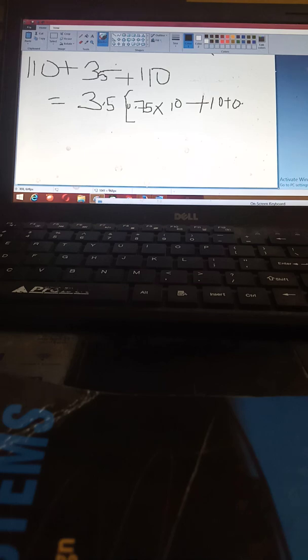Next, gamma, 0.75, into TB means deceleration time 10, plus beta 0.5.